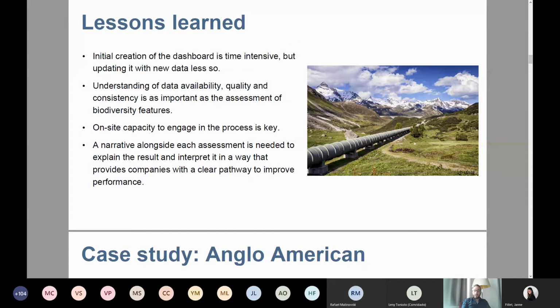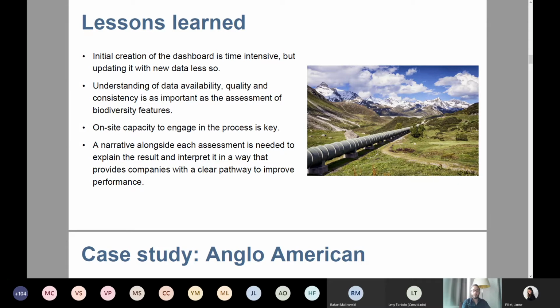So we're now pretty much at a stage where we've either finalized or are in the process of finalizing all of our pilot studies. And there have been a number of common lessons learned throughout them. The first of which is that the initial creation of the dashboard for stage 2 is quite an intensive process in terms of time, but once it's developed, updating it with new data is much less time intensive, for example if you were to repeat this as part of a monitoring program each year.